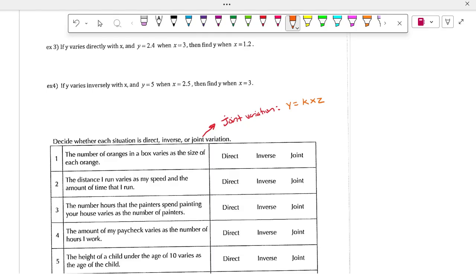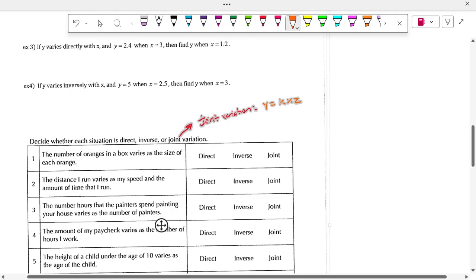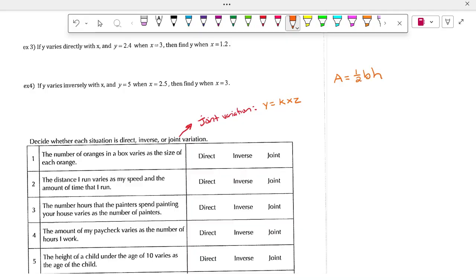So for example, area of a triangle. What's the formula for area of a triangle? 1/2 base times height. 1/2 is actually your k value. That's always going to be the constant. Whereas your base and height is your x and z. And your area is your y.